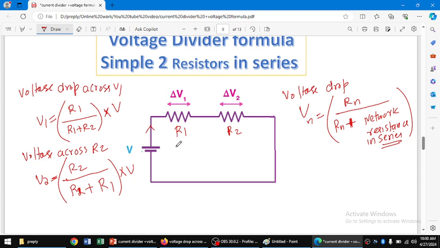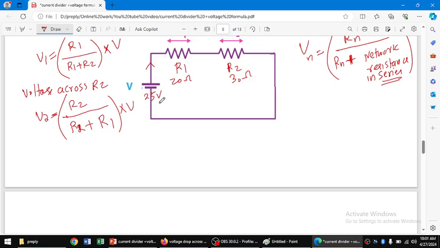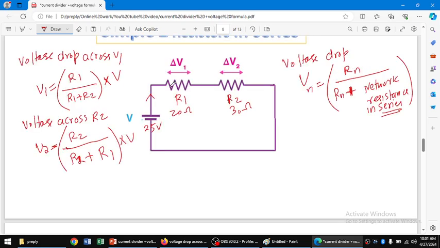Let us take a simple example. R1 is 20 ohm and R2 is 30 ohm, and the source voltage, the battery voltage, is 25 volts.